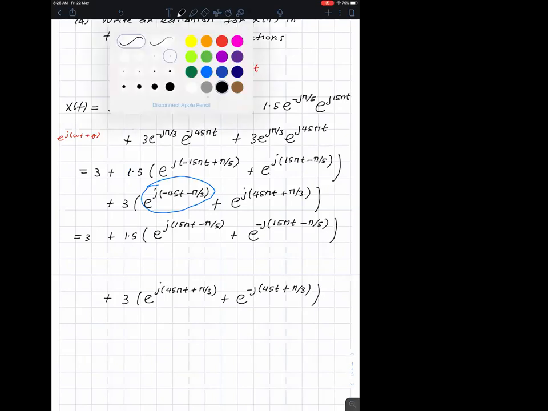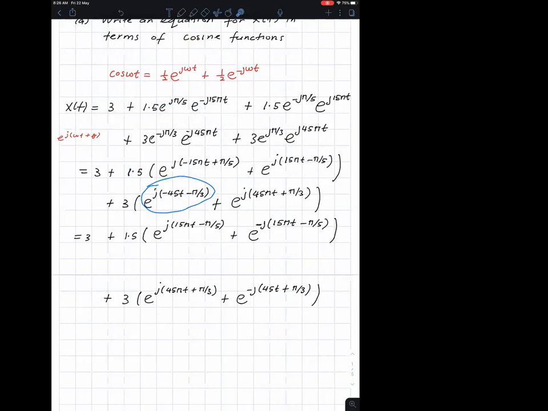So you have to be very careful in this, and make sure you don't make any mistakes in the algebra. You can see this part here.